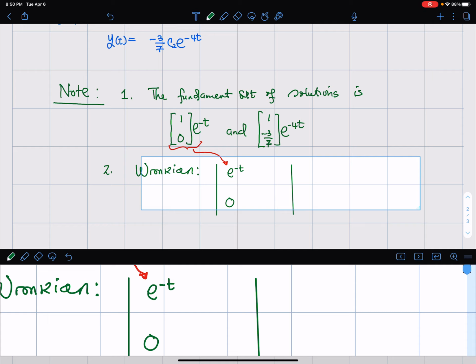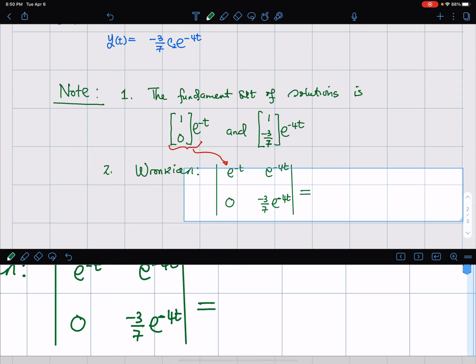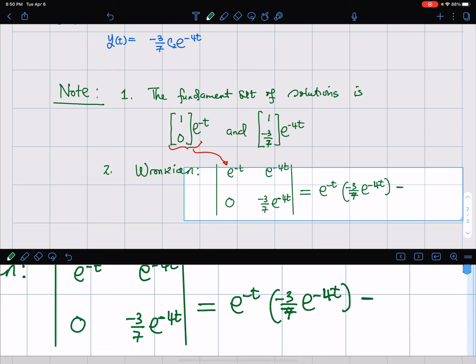By e to the negative 4t. So we have e to the negative t, and then we have negative 3 over 7 e to the negative 4t. Okay? So this Wronskian is just the determinant, right? The Wronskian is e to the negative t times negative 3 over 7 e to the negative 4t, minus 0 times e to the negative 4t.